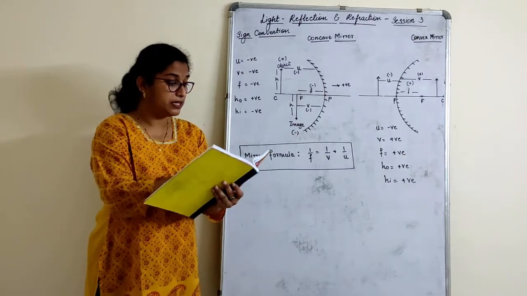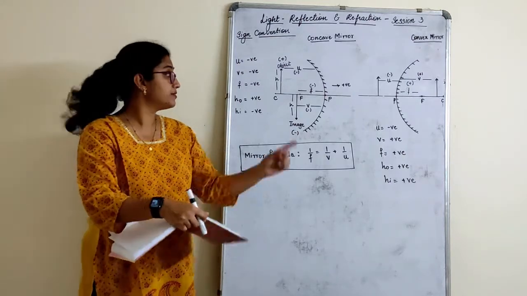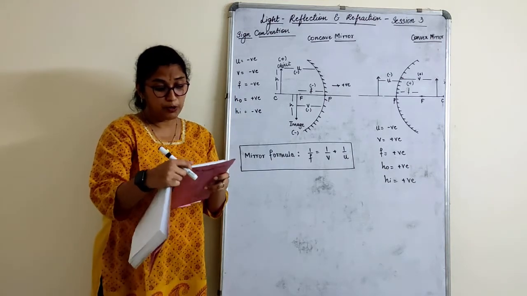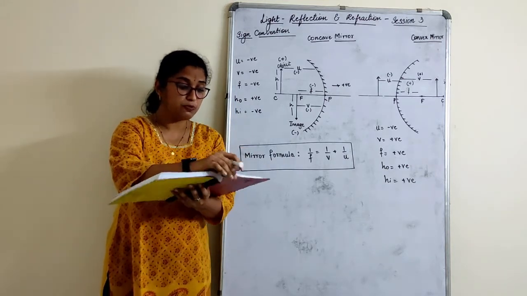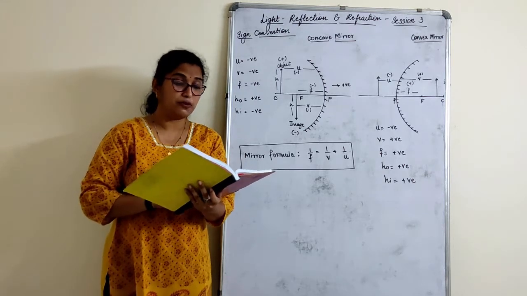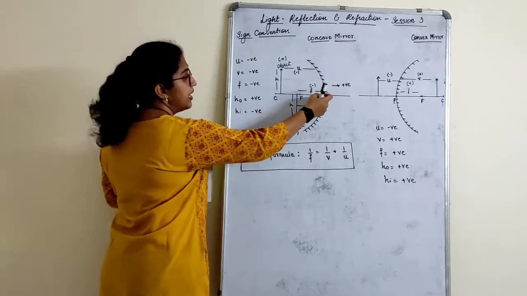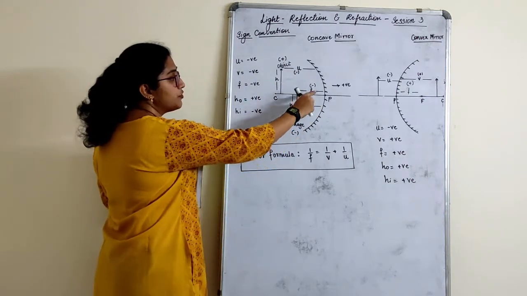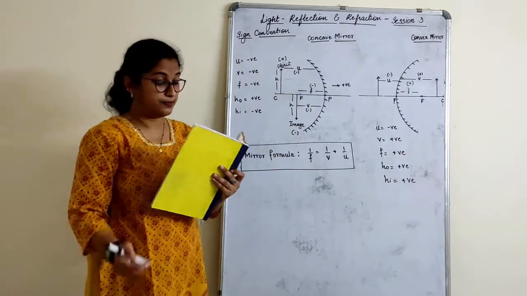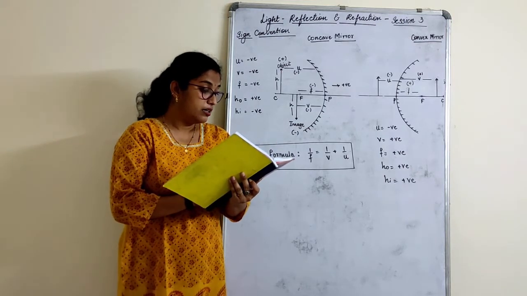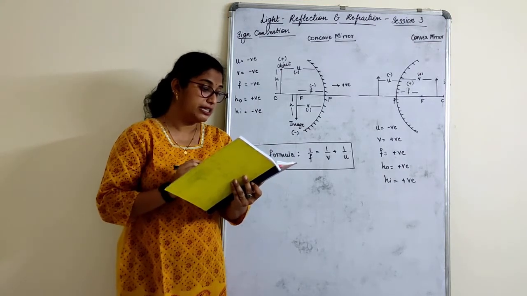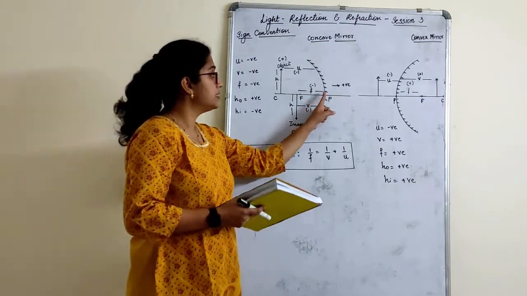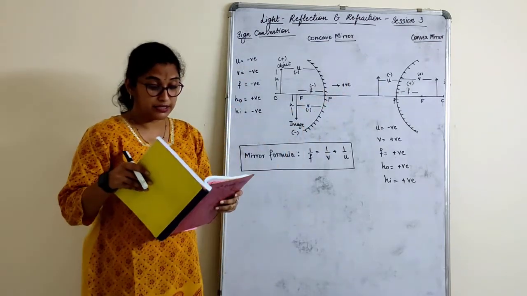The object is placed to the left of the mirror, as I have told, always. Point number 1. Second point, all distances parallel to the principal axis are measured from the pole of the mirror. All distances measured in the direction of the incident ray, along plus x-axis, are taken positive.